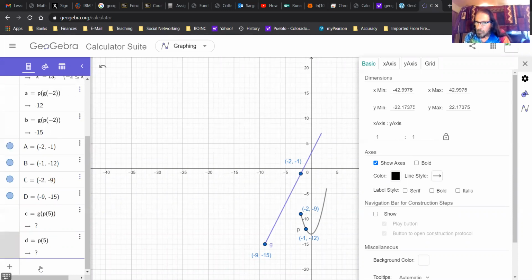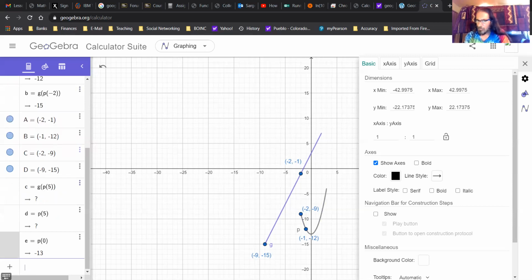However, if I were to put in 0 into p, it gives me -13. -13 is not in the domain of g.